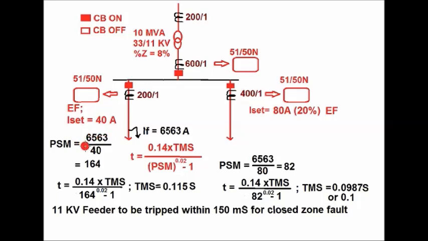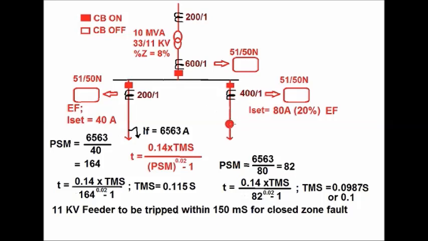So PSM comes as 6563 divided by 40, which is 164. Consider that the feeder is to be tripped within 150 milliseconds for a close zone fault. So the trip time T is equal to 0.14 into TMS divided by 164 to the power 0.02 minus 1. Since T is equal to 0.15, the value of the TMS comes as 0.115 second.